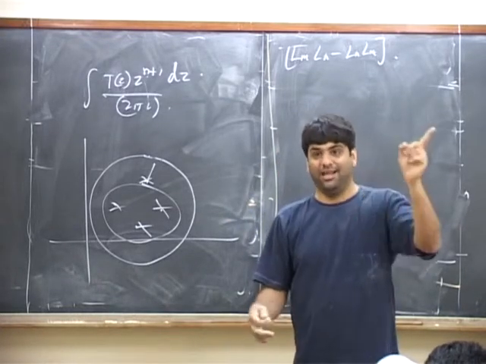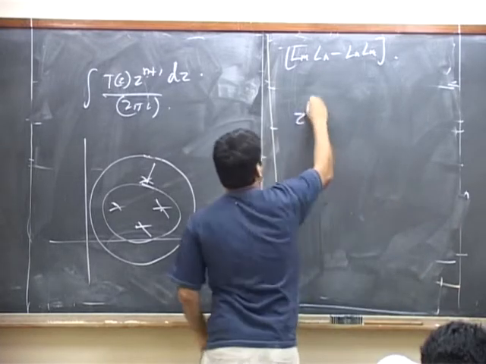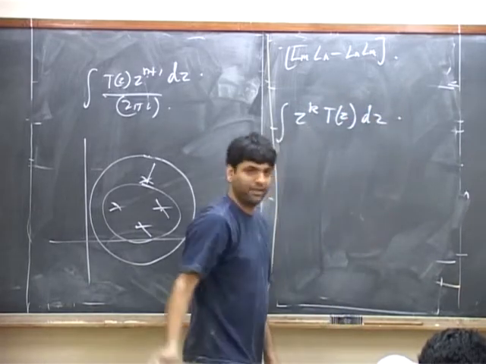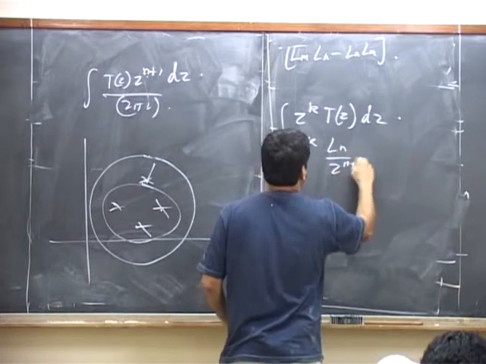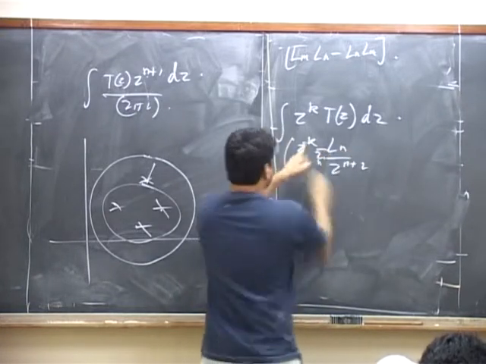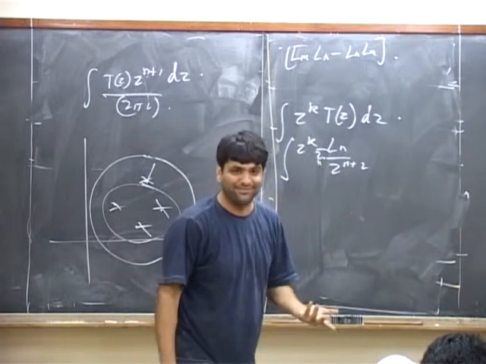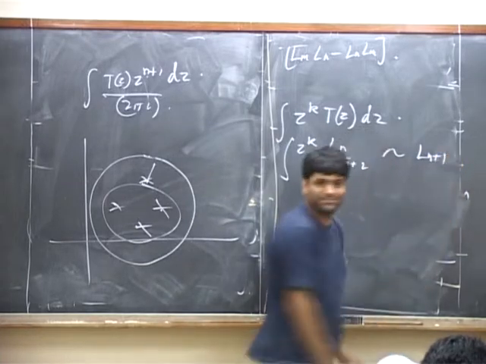Now, if you take z to the power k times T of z and integrate it over the circle, but T of z was the sum over n of z to the power minus n minus 2 times L_n, we do this integral over the circle, it clicks only when k is equal to n plus 1. So you get essentially L_{n+1}.